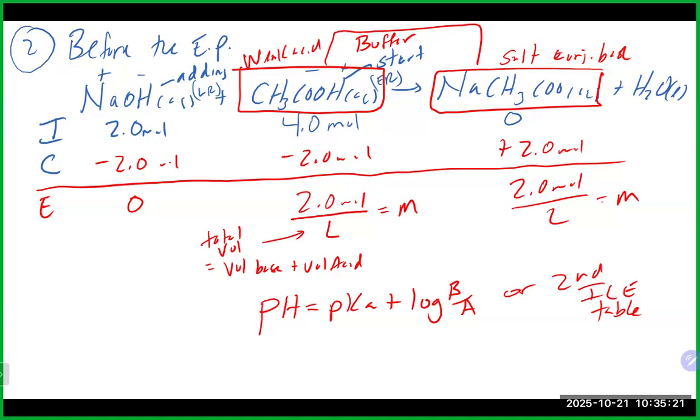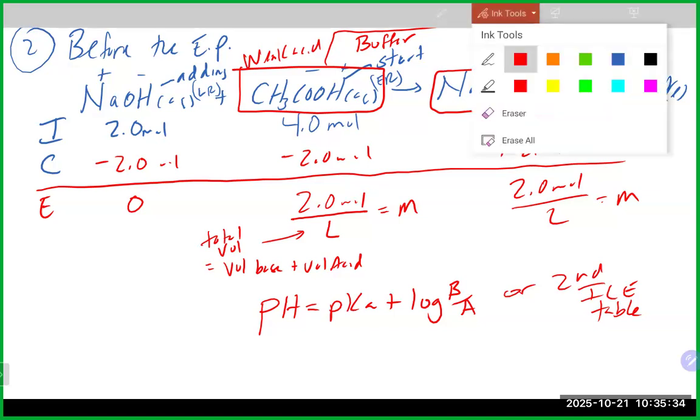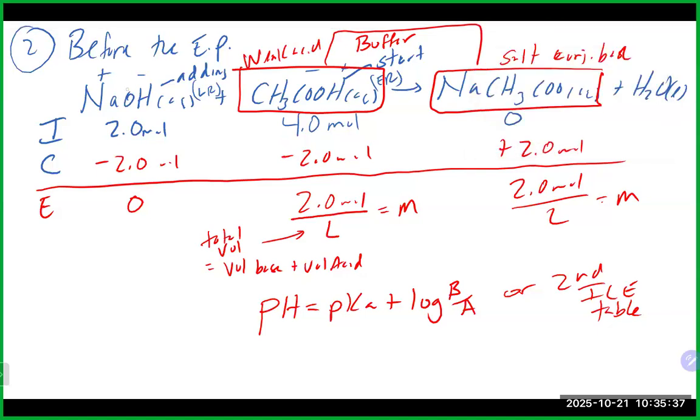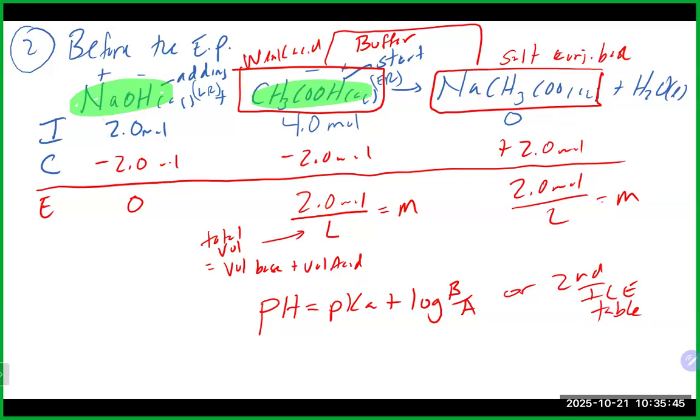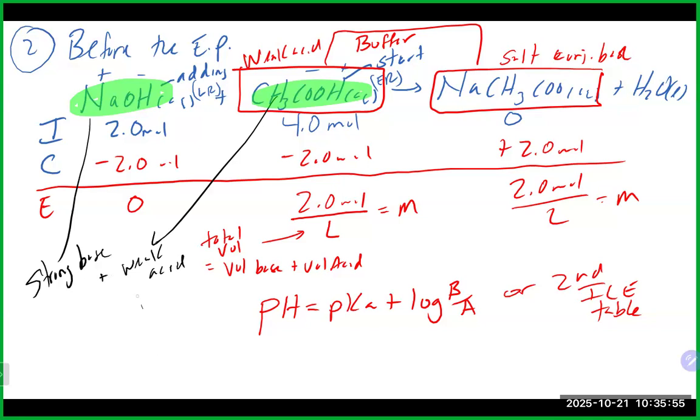So before the equivalence point in this type of titration, you will actually make a buffer. And this illustrates that you can absolutely make a buffer from a reaction of a strong base with a weak acid. So you could take a strong base and a weak acid and react them together, and you will then make a buffer.